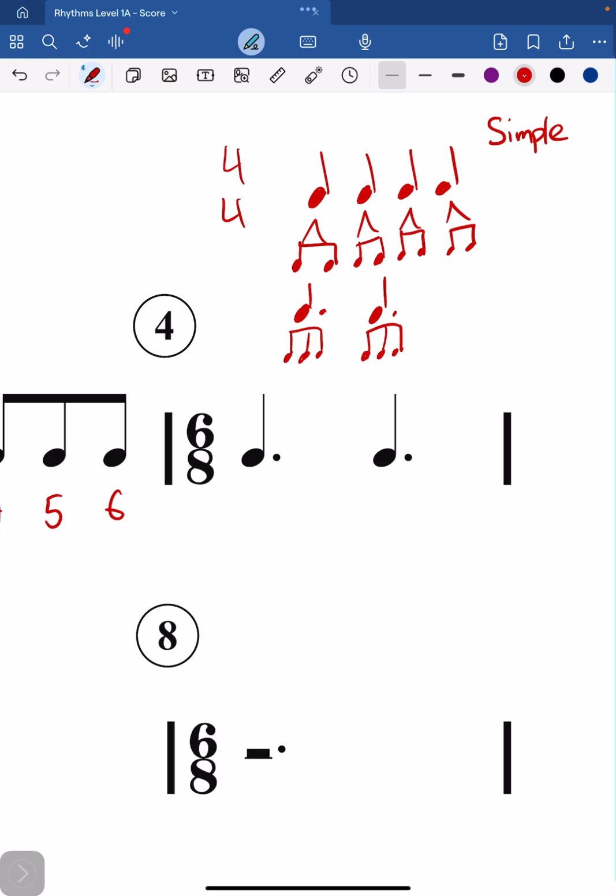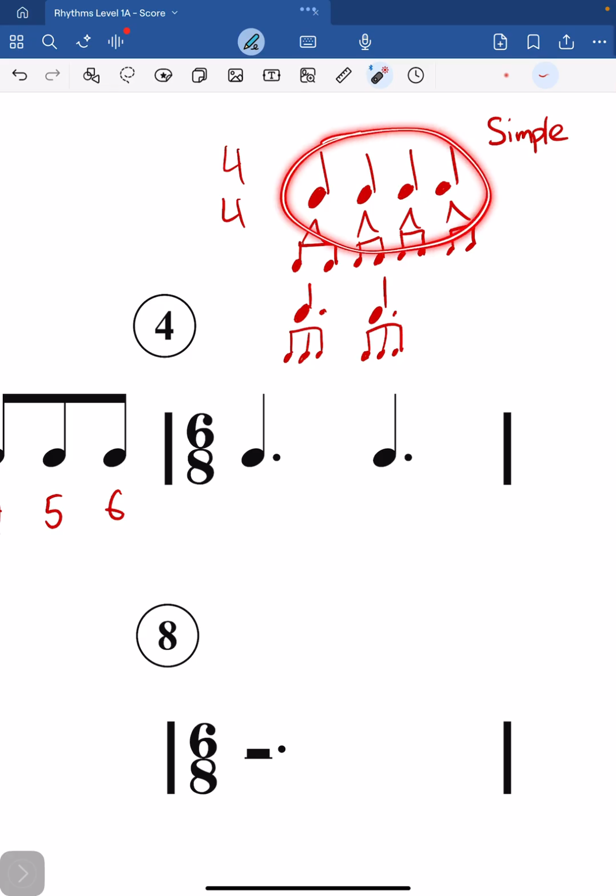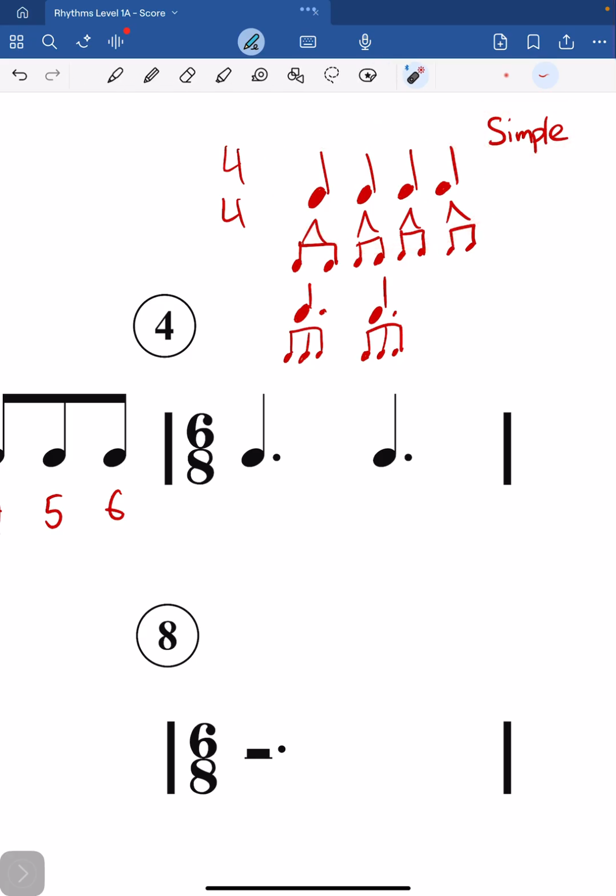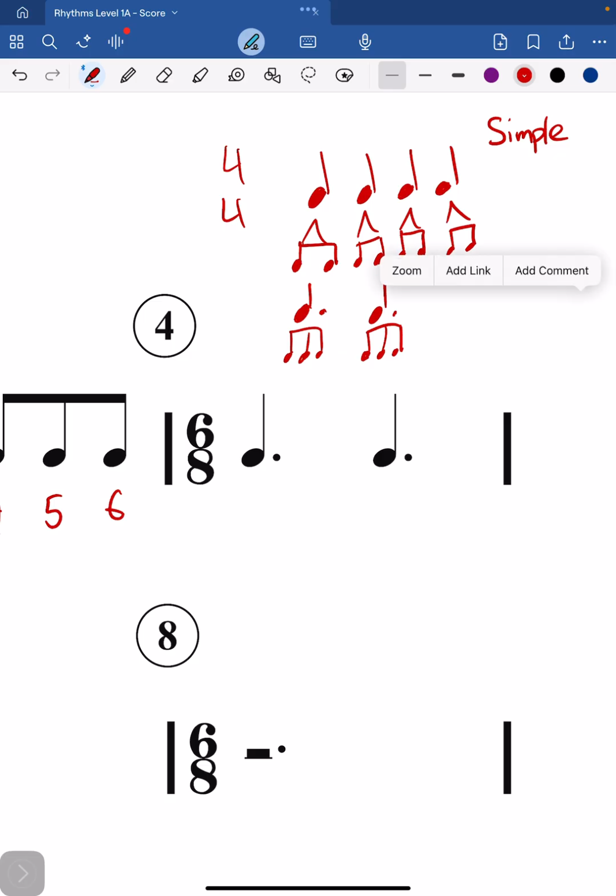It's actually divided into groups of 3. Whereas when we divide the beat into 2, it was called simple, when we divide the macro beat into 3, we describe this as compound. So what you will hear is some time signatures are described as simple and some are described as compound.